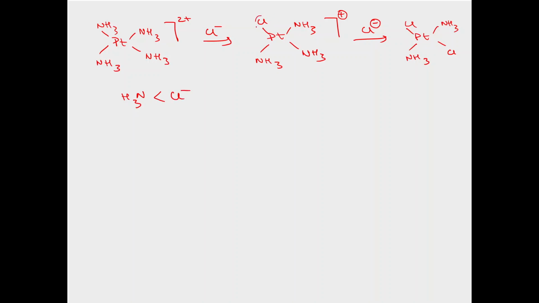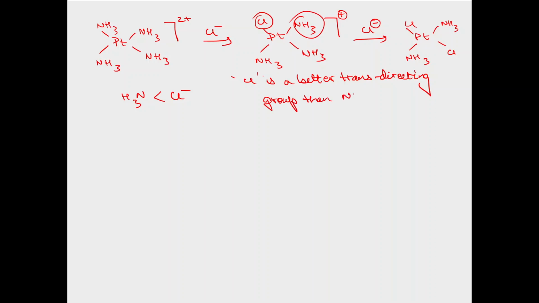So here, when we have both Cl and NH3, since Cl is a better trans-directing group than NH3, instead of this ammonia getting replaced, the ammonia which is in trans position to Cl is getting substituted by another Cl minus, and we get the trans isomer.